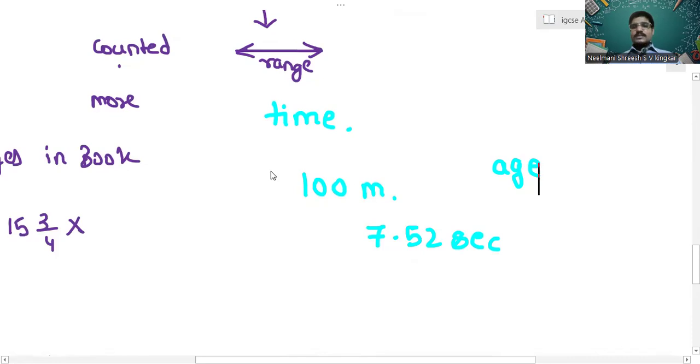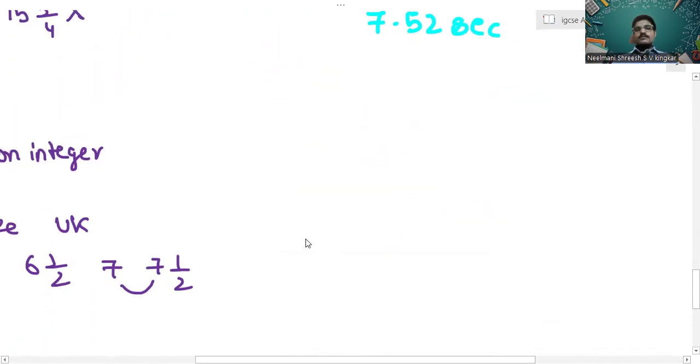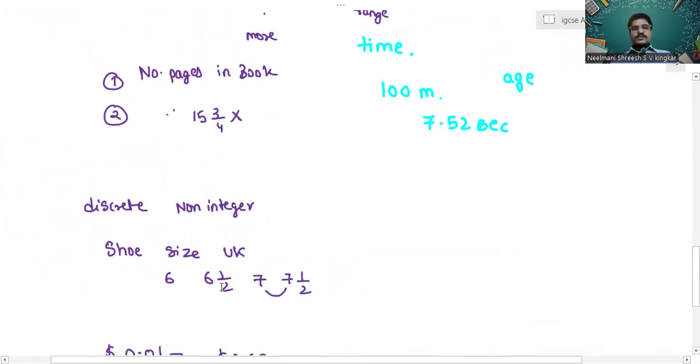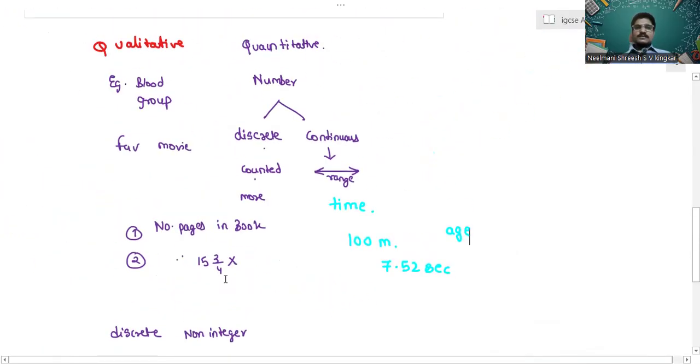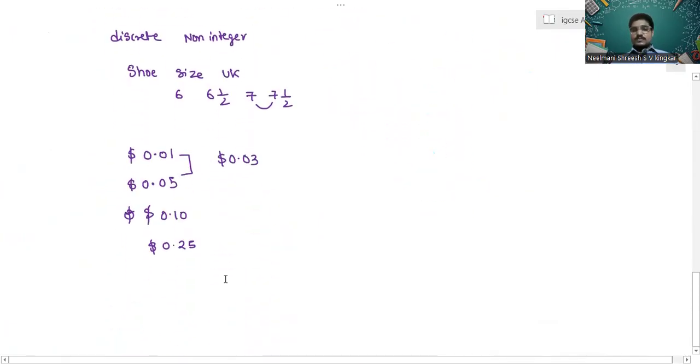Now, talking about this whole part, we talk about how to represent the data. So we have learned about these two types of data, discrete and continuous. There are different ways of representing these two data in a much more familiar and understandable way.